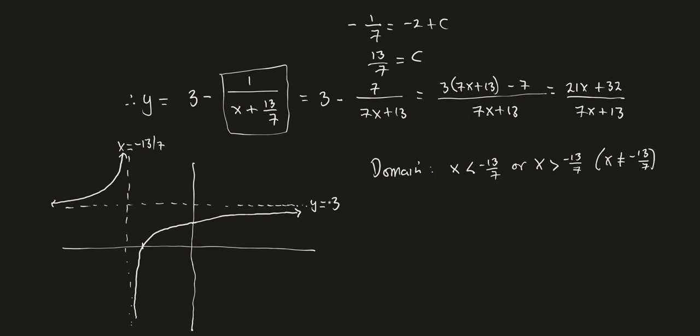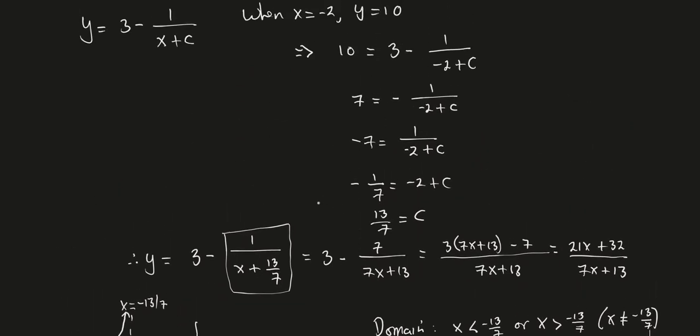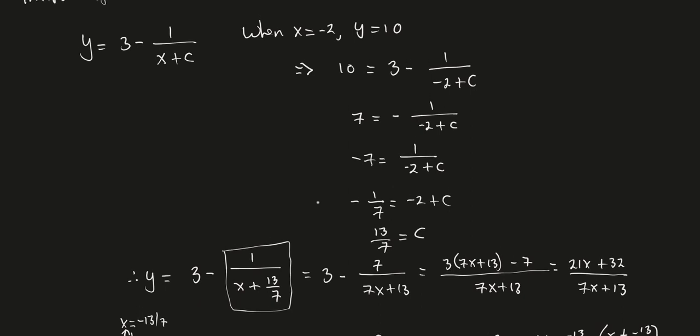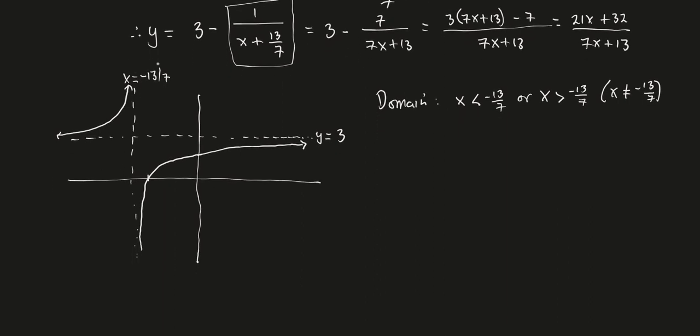But now this is where we have to consider the initial condition. Remember our initial condition for this, what was it? When x is equal to negative 2, y is equal to 10. So negative 2 is less than negative 13 over 7. So it's close, right? But it's basically here. So let me do this.